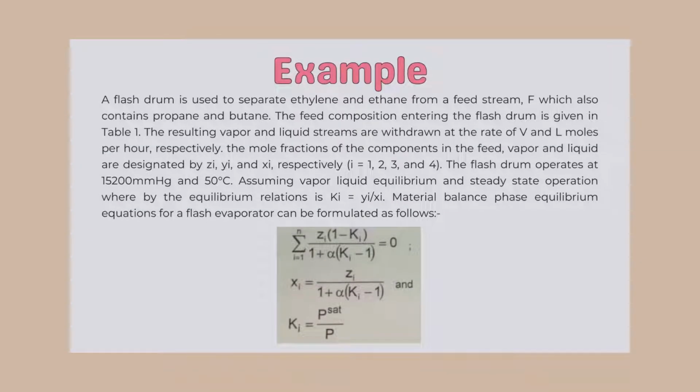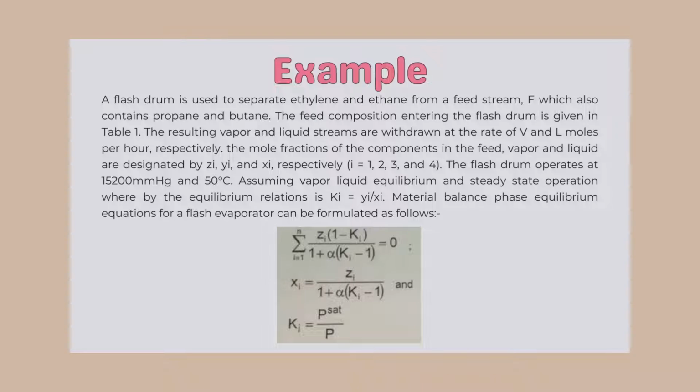So this is one example of a steady-state model in a multi-component flash drum. A flash drum is used to separate propylene and ethane from a feed stream F, which also contains propane and methane. The feed composition entering the flash drum is given in Table 1. The resulting vapor and liquid streams are withdrawn at the rate of V and L moles per hour respectively.